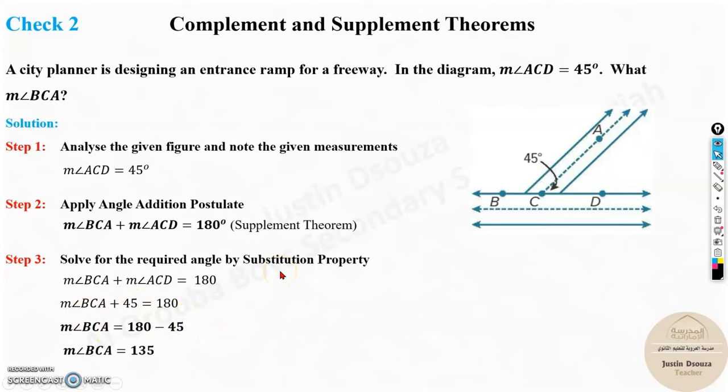This is the answer. Now, in case there was a complement, it would be something like this. They would give you one angle and then you need to add them both, and when you add two complementary angles, it will be equal to 90 degrees. So it depends on the question. Now there were supplement problems. They're very straightforward, just like how we have solved. That's it.